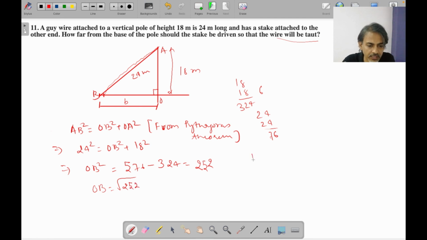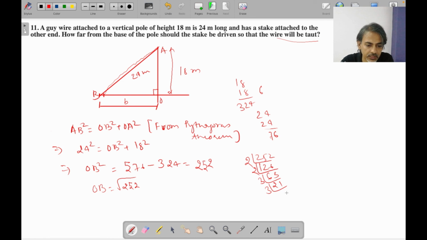We can factorize it and see how many factors are coming. How do we factorize it? We first divide it by the minimal possible divisor, which is 2. We get 126. Then we again divide it by 2. We got 63. And then 63 we divide by 3. We got 21.